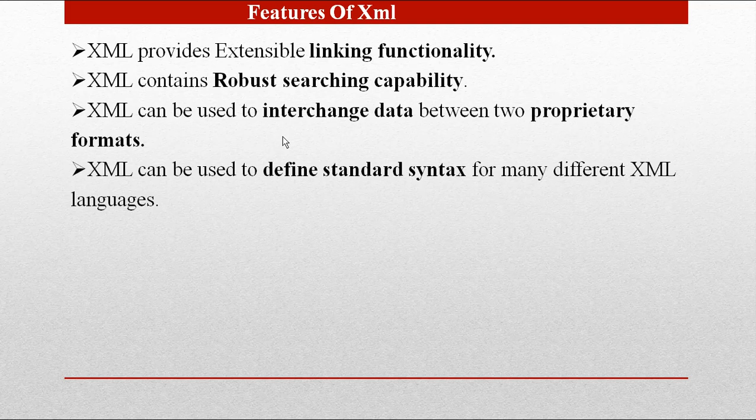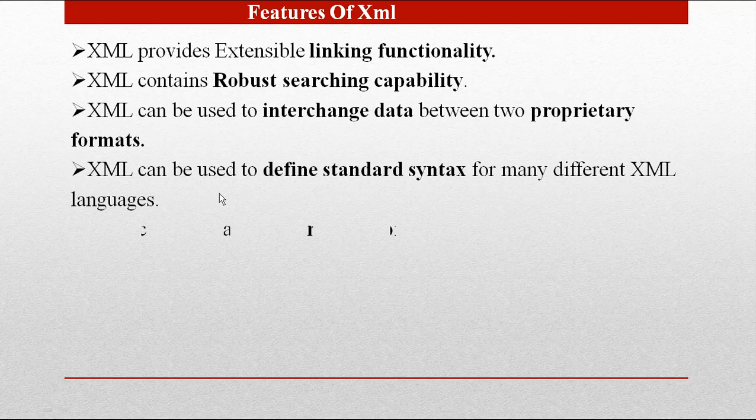A proprietary tag means it is owned by someone. Open source or free source means it is freely available for everyone to use, with no need of a license. So it can interchange between two proprietary tags. These proprietary tags are defined by two different companies or industries, and you can exchange the data between these two formats.